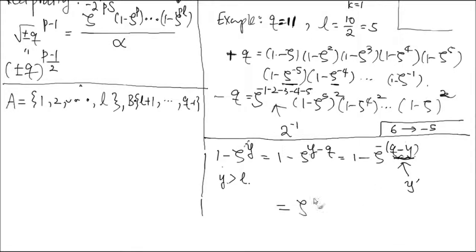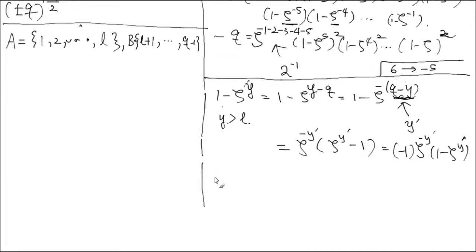You pull out that zeta to the negative Y prime, right? And that becomes zeta to the Y prime minus 1. Is that right? So then we have to flip the sign, so we have negative 1 pulled out. Just negative 1, and that's it. Negative 1, zeta to the negative Y prime, times 1 minus zeta to the Y prime. That's something that we've been doing with the actual numbers, right? All right. So that's the formula.